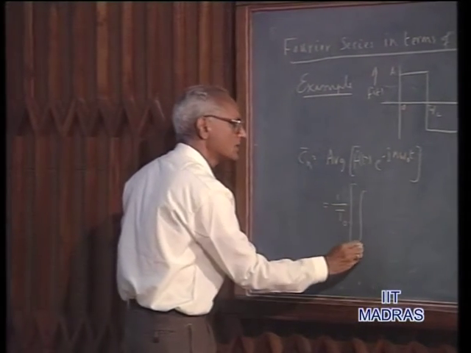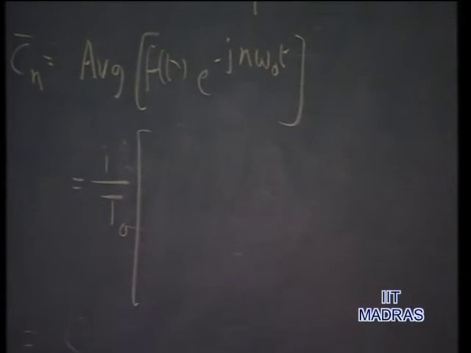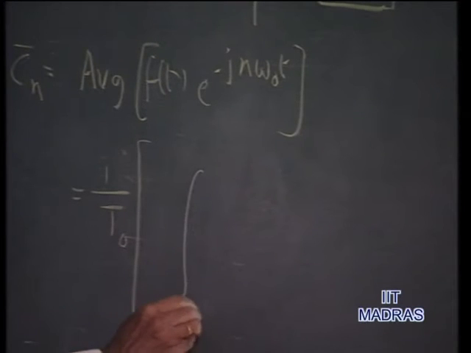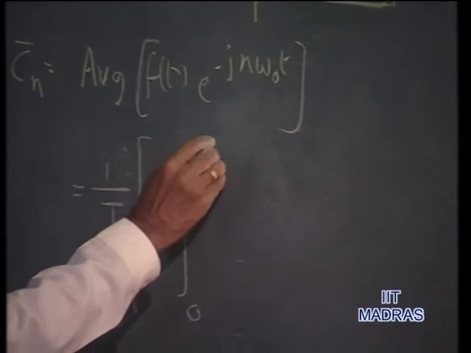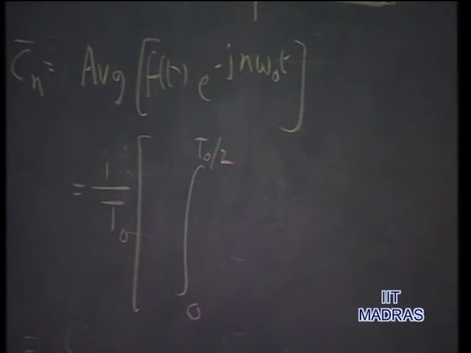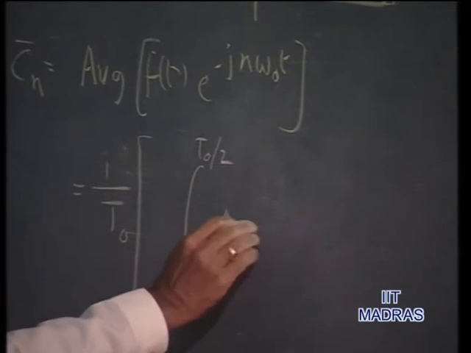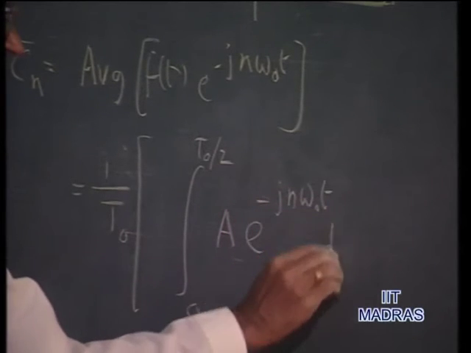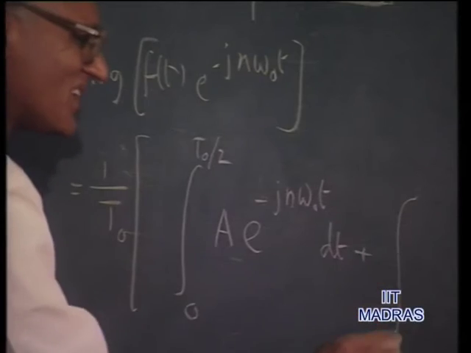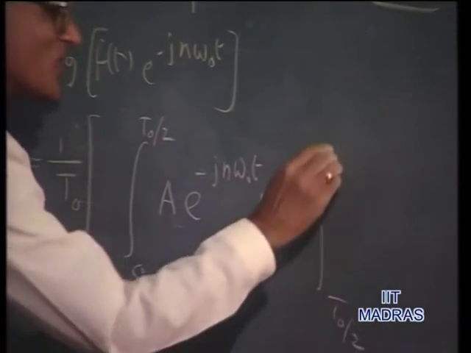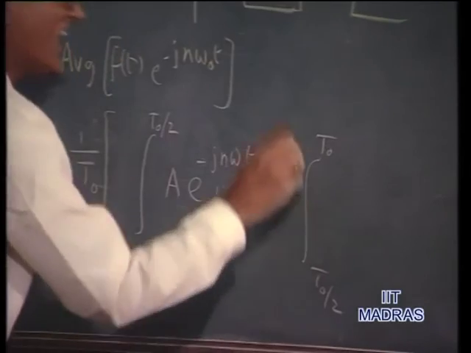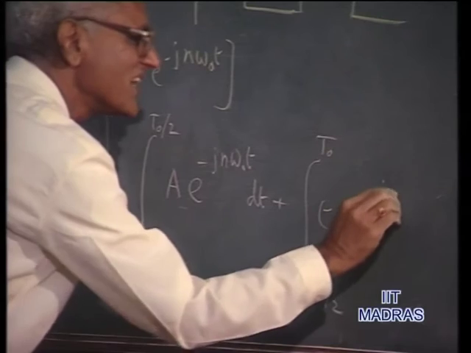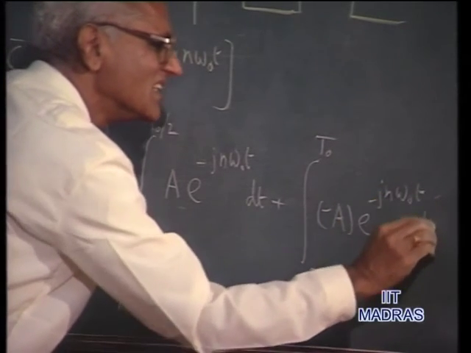Therefore, I can write this as 1 over t naught, integral from 0 to t naught upon 2, the value of the function is a, e to the power of minus jn omega naught t dt, plus t naught upon 2 to t naught, and in this interval the value of the function is minus a, e to the power of minus jn omega naught t dt.